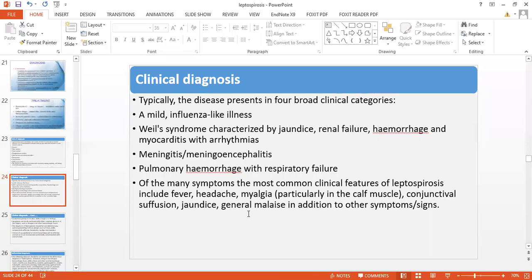Of the many symptoms, the most common clinical features of leptospirosis include fever, headache, myalgia, particularly in the calf muscle, conjunctival suffusion, jaundice, general malaise, and other symptoms and signs.